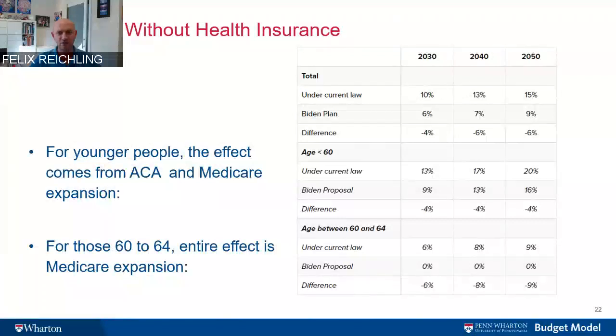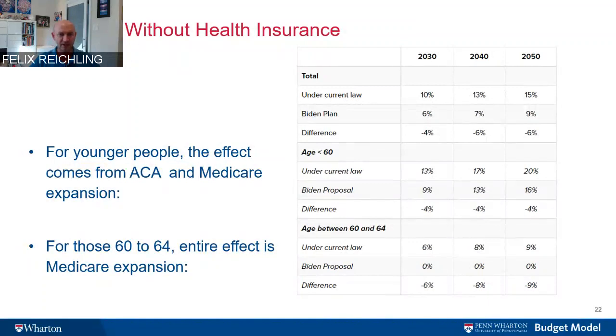And by 2050, that would increase by 6 points. And you can decompose this by those under 60 and those between 60 and 64. So for the older group, we would see no more uninsured for the 60 to 64 group, because everybody would enroll in Medicare, just like current beneficiaries do.